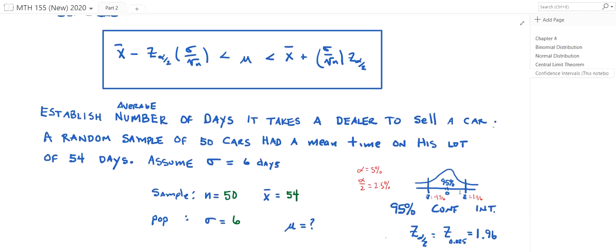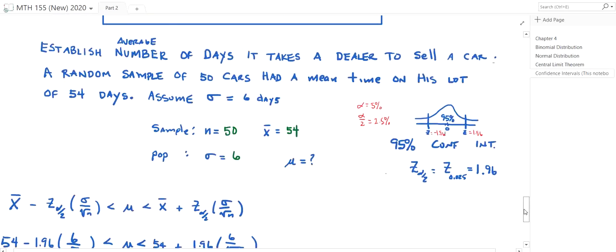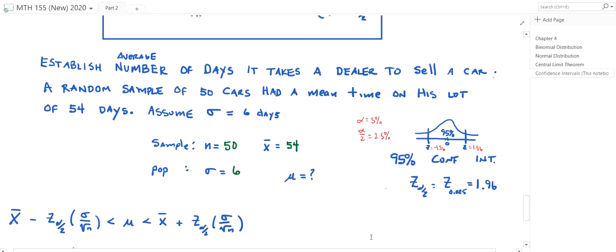So this z is going to equal 1.96, and this z is going to equal minus 1.96. Okay? So let's take all these values and stick them in our relationship for confidence intervals. So that relationship is here. We take x bar, subtract z times sigma over square root of n.